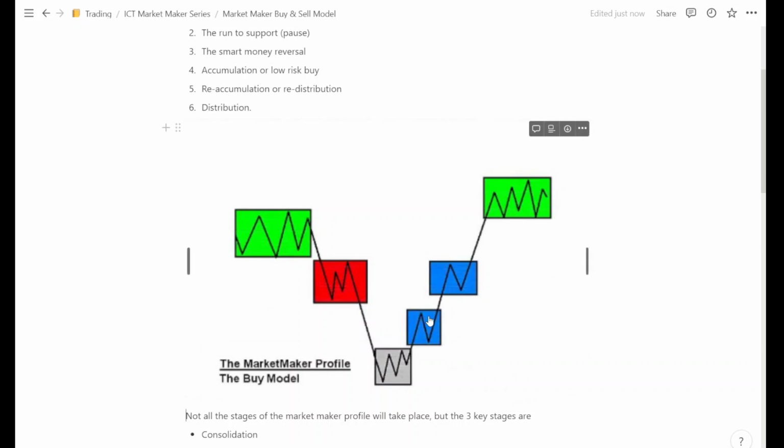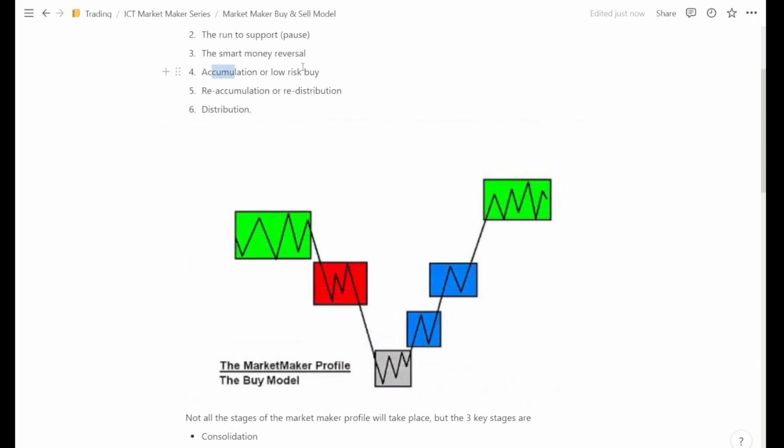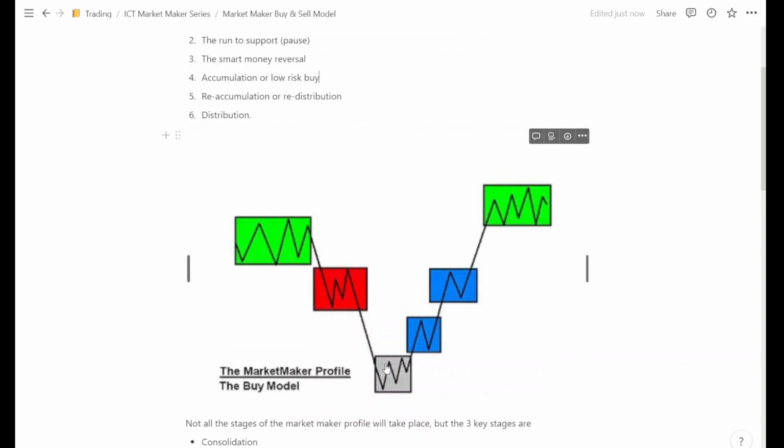Okay, and then after that, price would run away again, sometimes to form a short-term low and then sweep the short-term low. That is like the second stage of accumulation. So this is like the first stage of accumulation. This is the second stage of accumulation. And then you are going to have distribution.